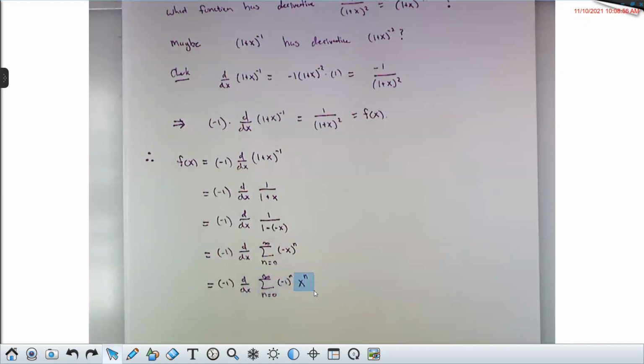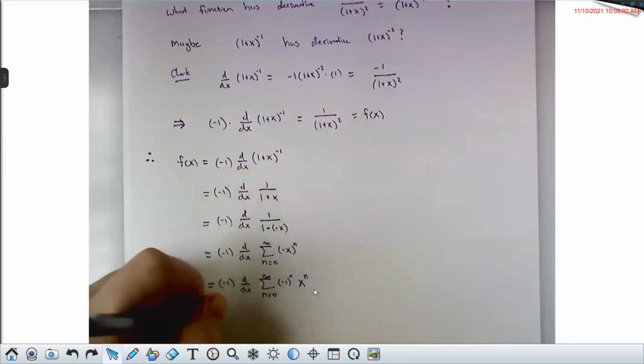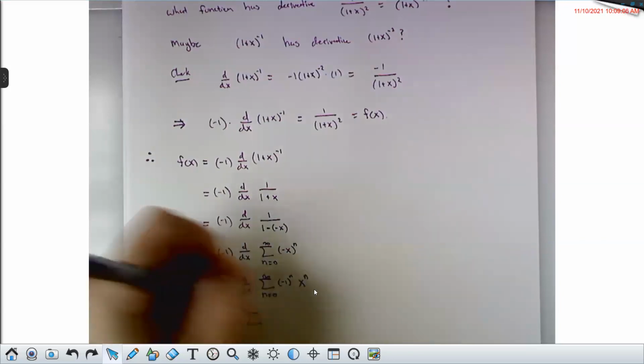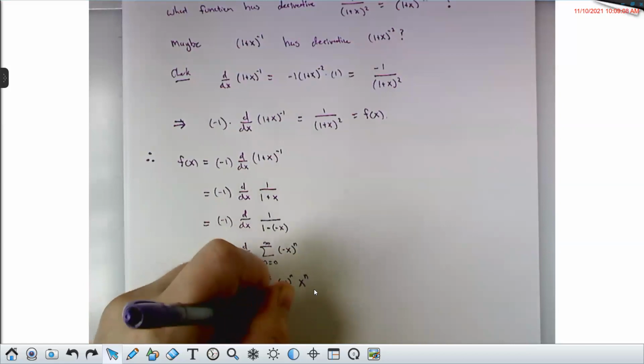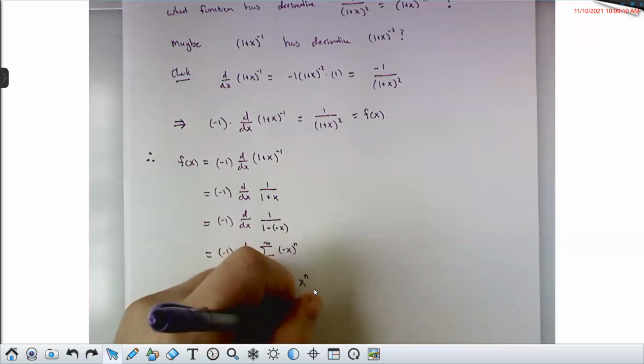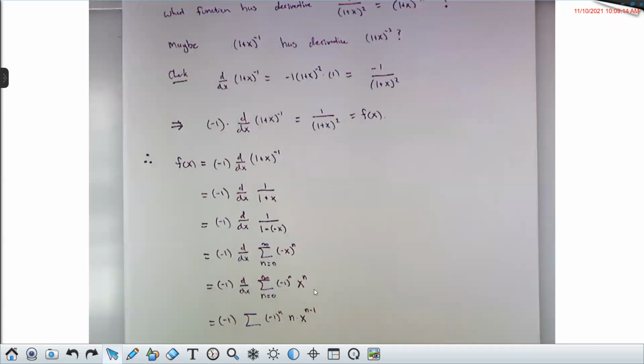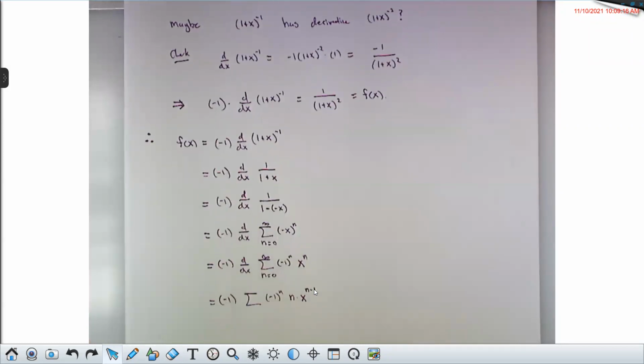The only place I have an x here is x to the n, whose derivative by the power rule is n times x to the n minus 1. And I've left the bounds off my series for a reason. Does anybody remember what happens to the bounds for this series when I differentiate?